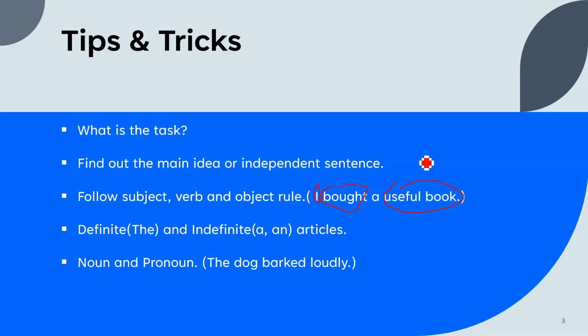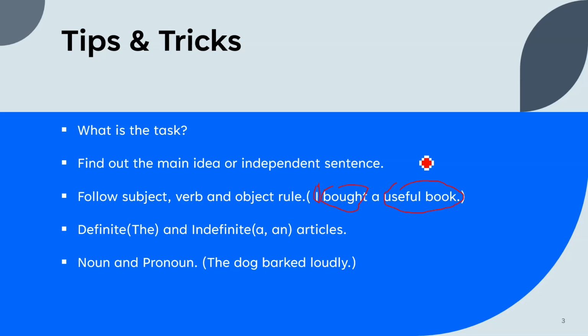Now next is the definite and the indefinite articles. As the name shows, definite is something specific and indefinite is not specific. Definite article starts with the, and indefinite articles are a and an. Definite articles refer to something specific, or are used to indicate that the noun refers to a specific person, place, thing or idea, like the book, the trees or the sky.